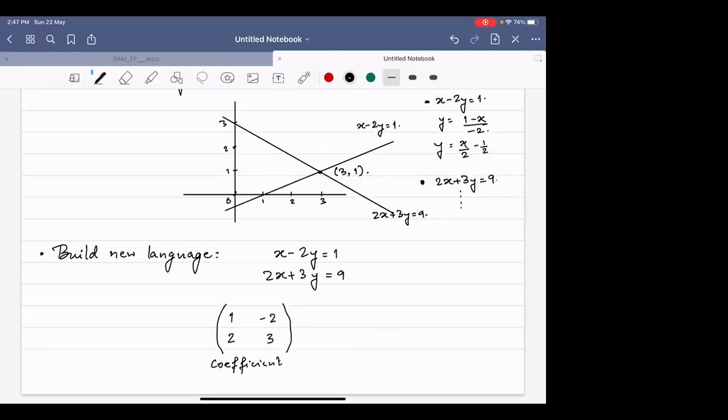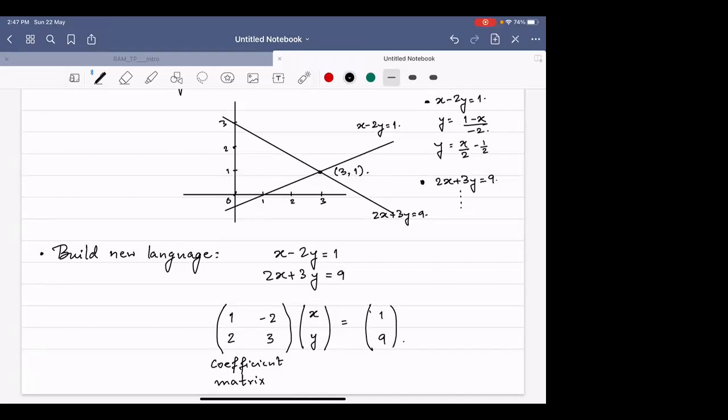This is called a matrix. A matrix is nothing but an array, rows and columns filled with some numbers. So this I will call the coefficient matrix. And the variables I will write here, x and y, equals the right hand side, which I will just express here.